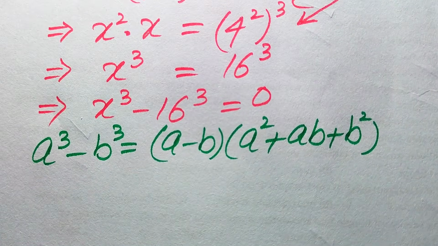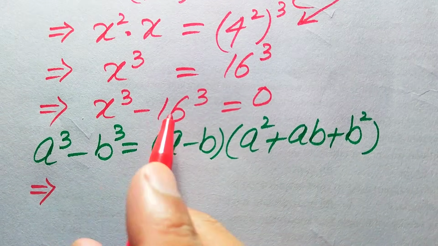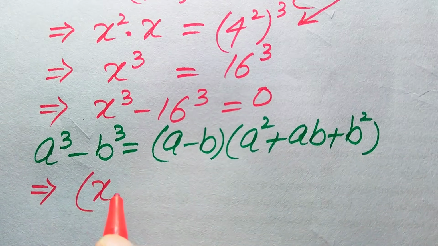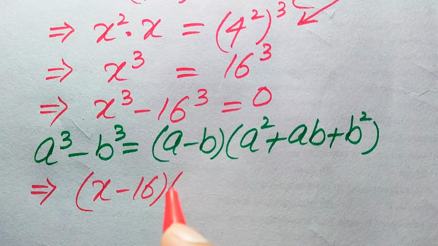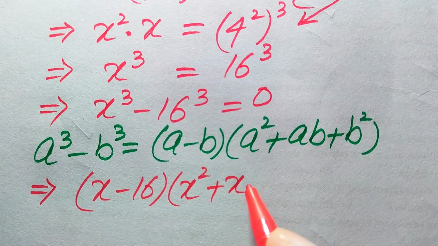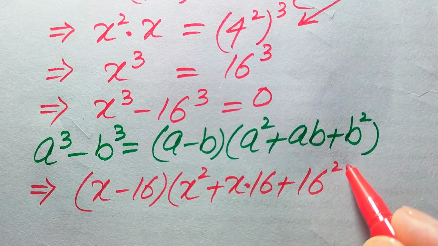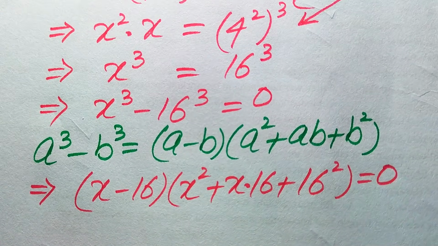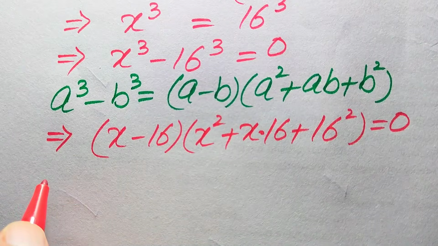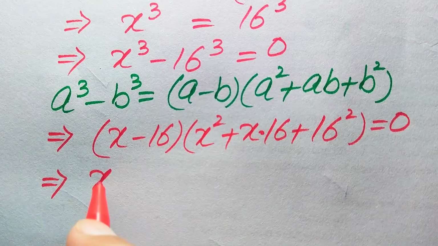According to this rule, we expand the left hand side of the above equation as x minus 16 times x square plus x times 16 plus 16 square, and this whole equation is equal to 0. Now in the next step we need more simplification, so we divide this equation into two cases.